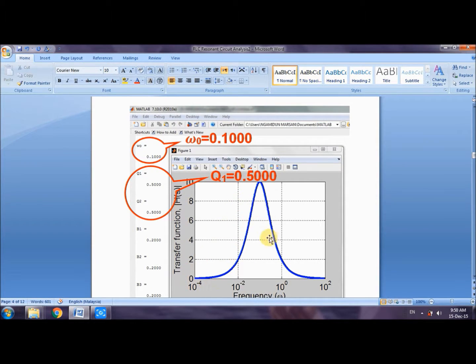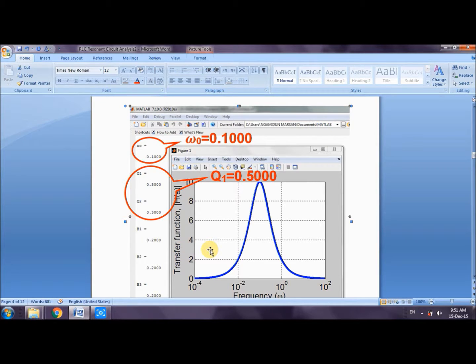This is the graph for our first simulation, and the left one is the result that we have obtained using MATLAB. As you can see here, this is the resonant frequency, which is 0.1 from MATLAB, our quality factor we got 0.5, and for the bandwidth we got 0.2.